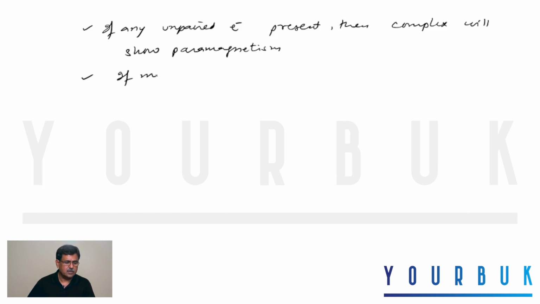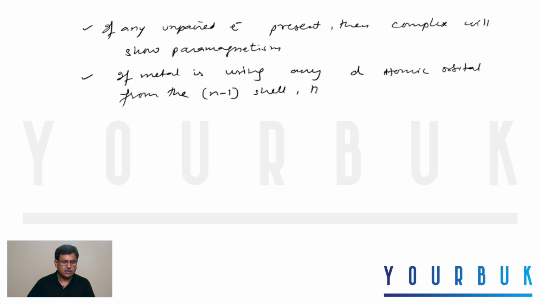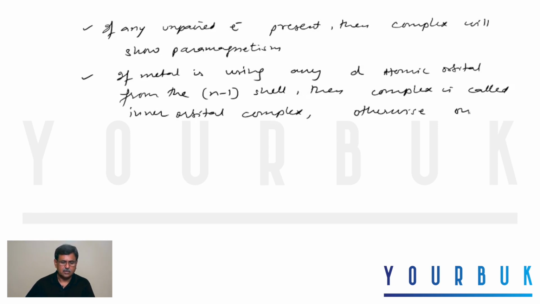And if the metal is using any d atomic orbital from the n-1 shell, then the complex is called inner orbital complex, otherwise outer orbital.